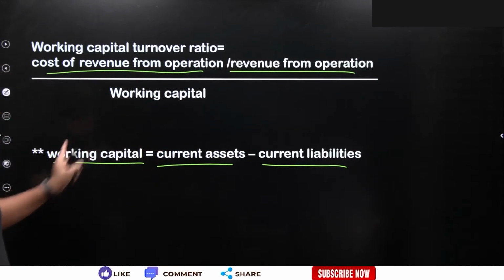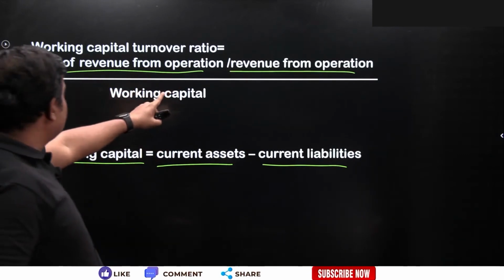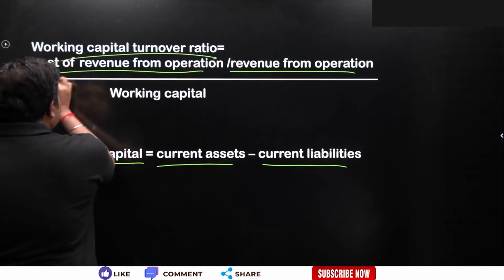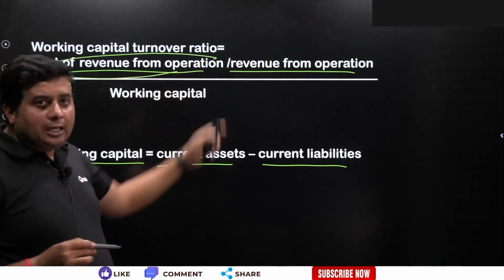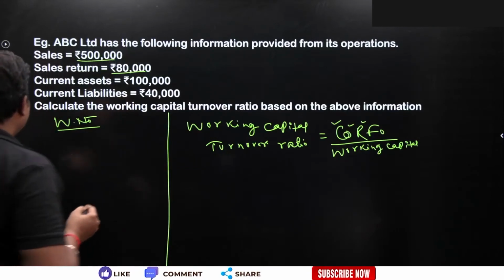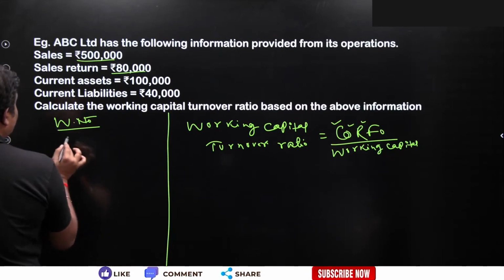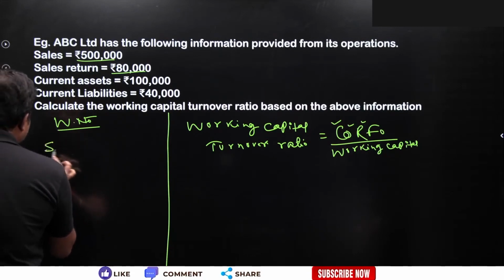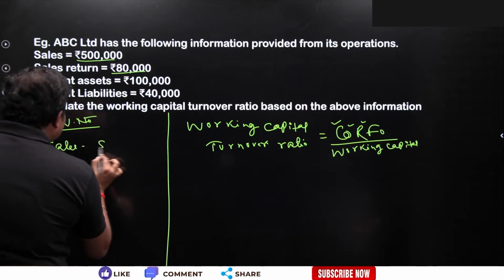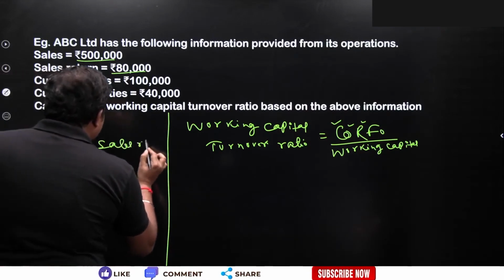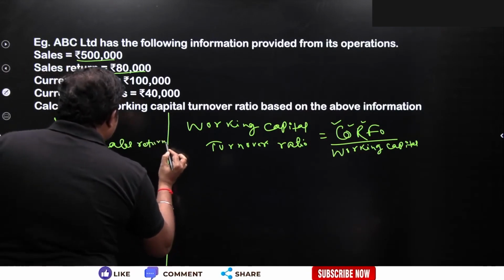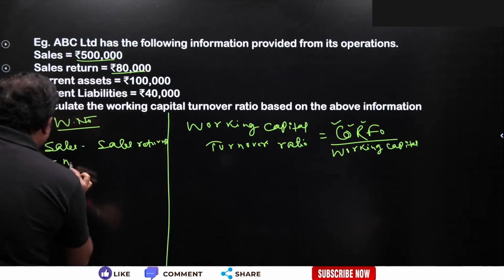So in this question, the revenue from operation is given, but the cost of revenue from operation is not given. So we can take the help of revenue from operation. In order to understand the net revenue from operation, what I can do is sales minus sales return will give you the net sales.